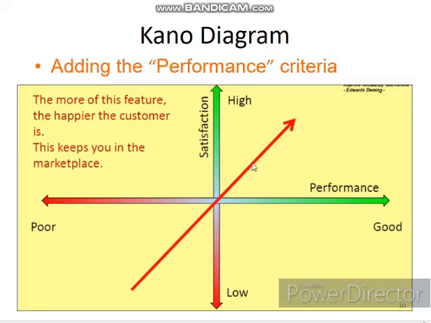So the better it is, the higher the satisfaction level of your customer, and so on and so forth. So you have to list the basic features and also the performance features of the product, so that you can fulfill and keep on satisfying your customer.